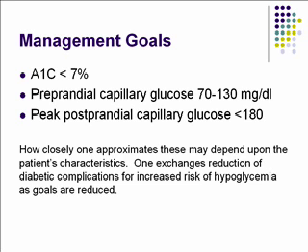You have to understand that you exchange reduction of diabetic complications for increased risk of hypoglycemia as the goals are reduced. For example, if you've got a patient with a lot of complications, you may be thinking that they'd do better at something in the 6 range for their hemoglobin A1C, but you have to realize that with that you run an increased risk of hypoglycemia, and whether you're willing to do that may depend on the patient.